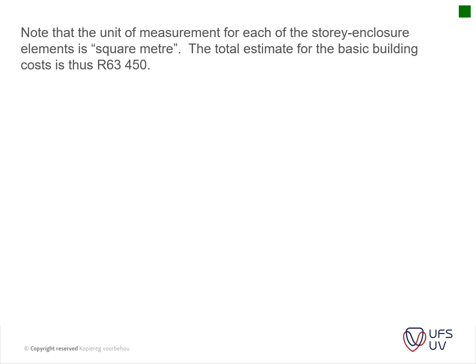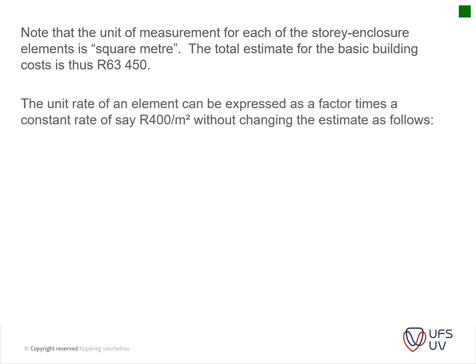The total estimate for the basic building cost is thus 63,450 as mentioned. So the unit rate of an element can thus be expressed as a factor times a constant rate of say 400 Rand per square meter without changing the elements as follows.